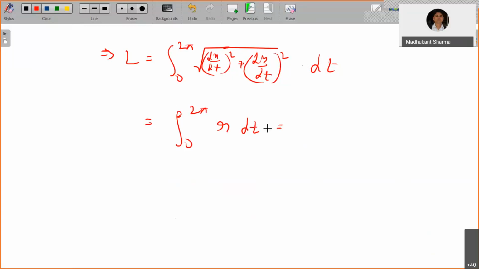Now, r is independent of t. When we take it as a function of r and t, r and t are independent variables. So that's going to be r times the integral of dt, which gives 2 pi r.